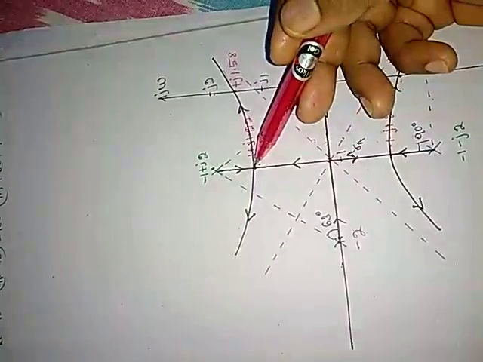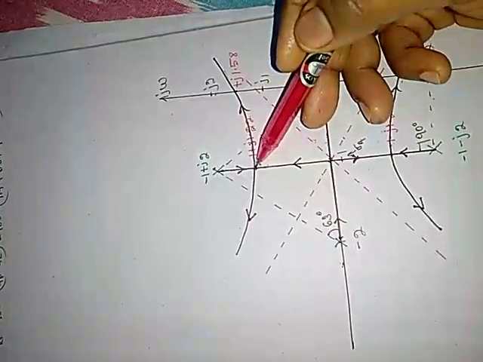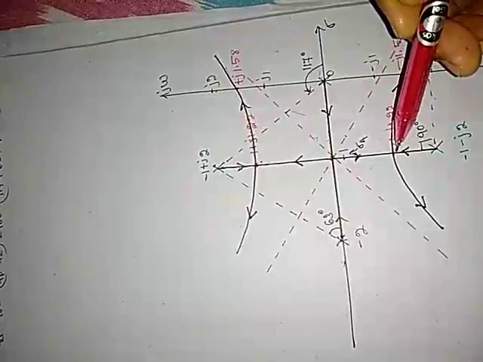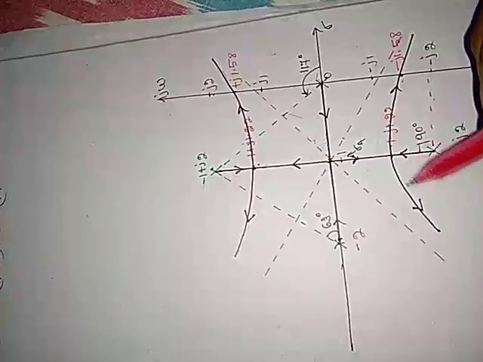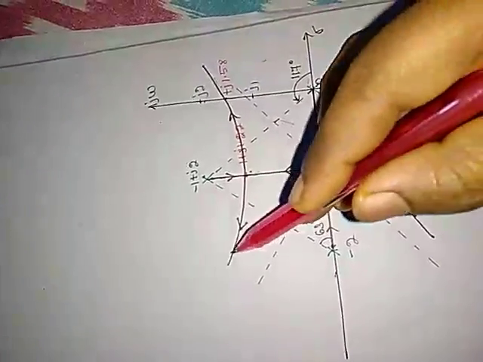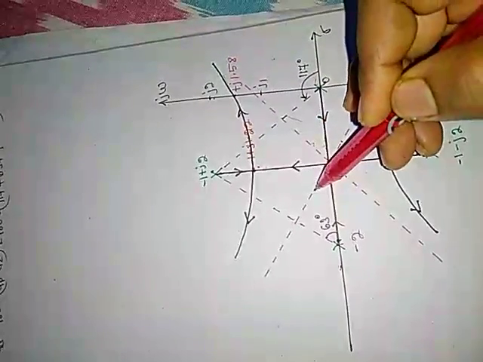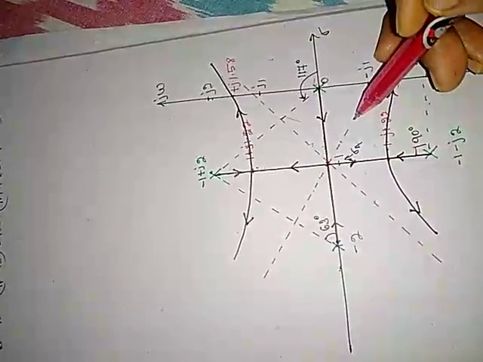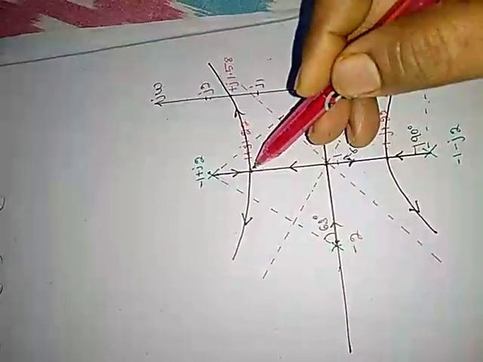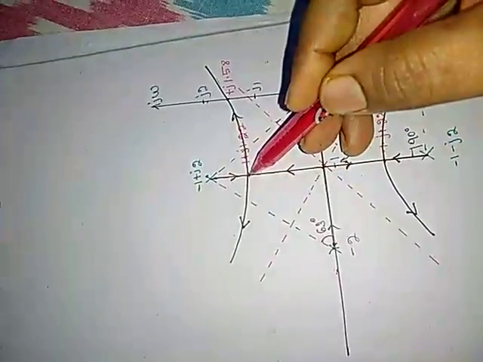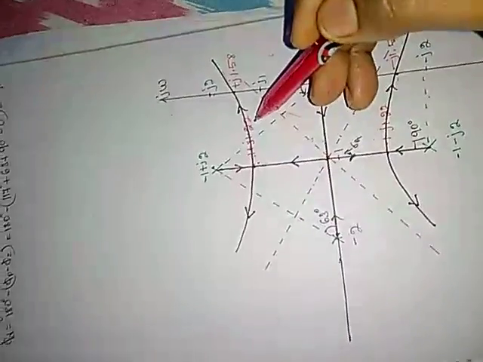So at this point, minus 1 plus j 1.22, they meet. Here at minus 1 minus j 1.22 they meet and they break away by following this path, this asymptotic line. Here you may have the question, where do I get this minus 1 plus minus j 1.22?